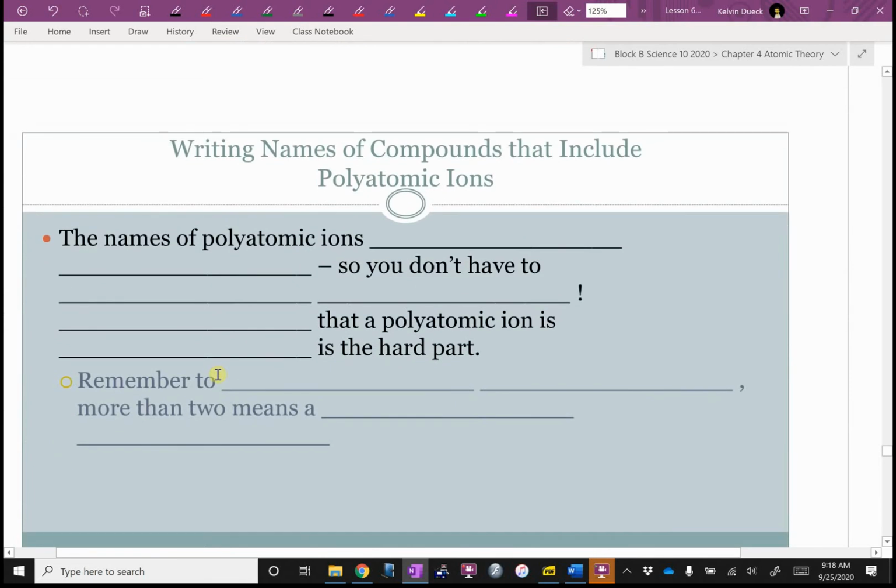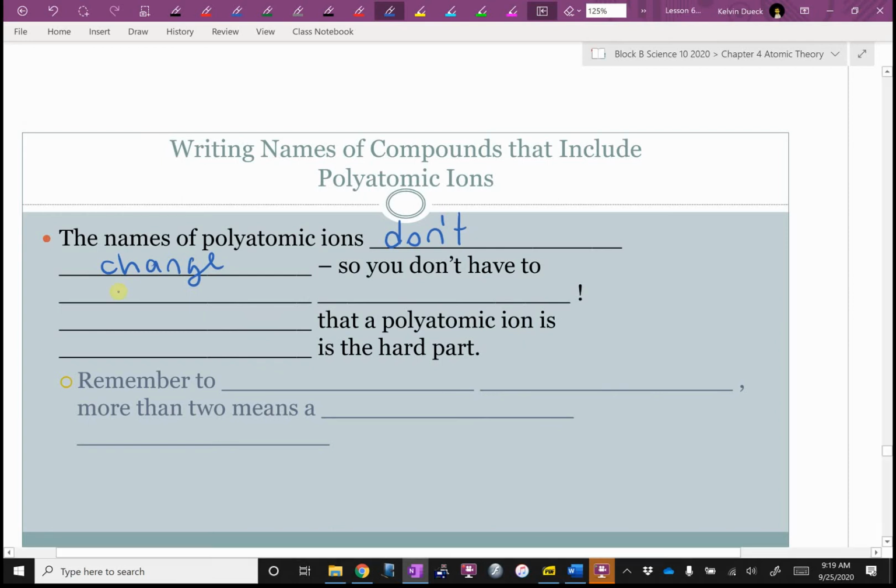So, the names of polyatomic ions don't change. For polyatomic ions, there is no "ide" rule. You just use the name.